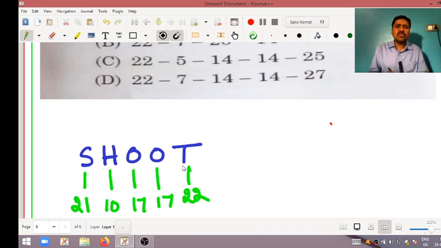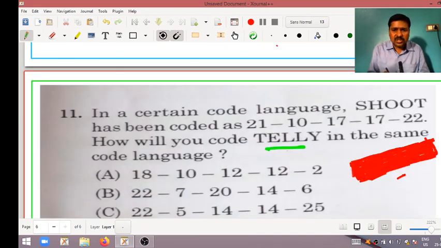Now before finding this coding, what is the relation?